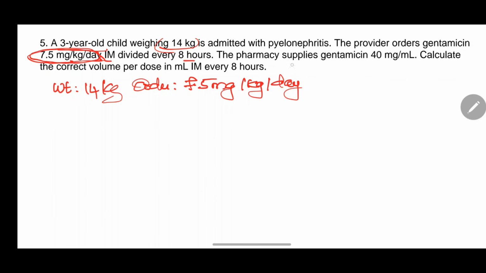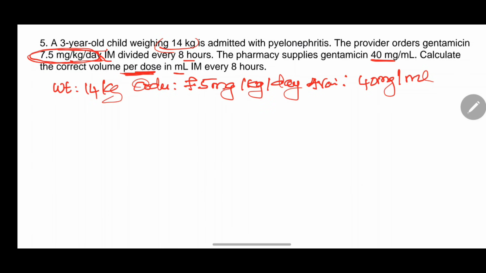The pharmacy supplies Gentamicin 40 milligram per ml. Calculate the correct volume per dose in ml IM every 8 hours. So we have to calculate it per dose. Read the questions carefully, whether they have given per dose or per day. What is the order actually? Everything we have to read carefully.